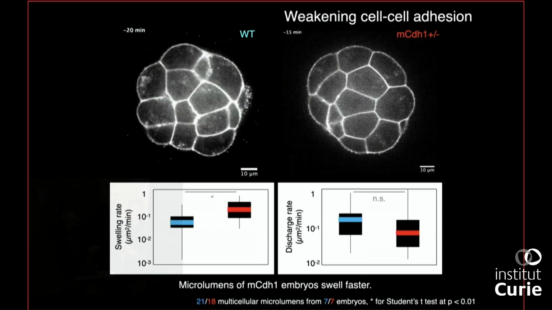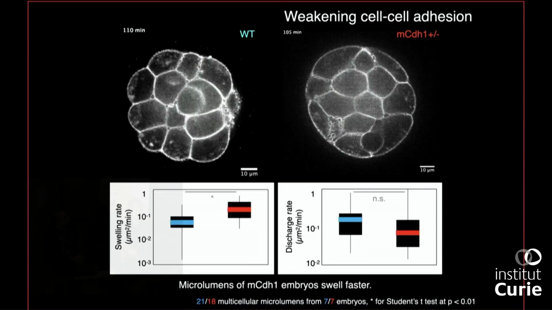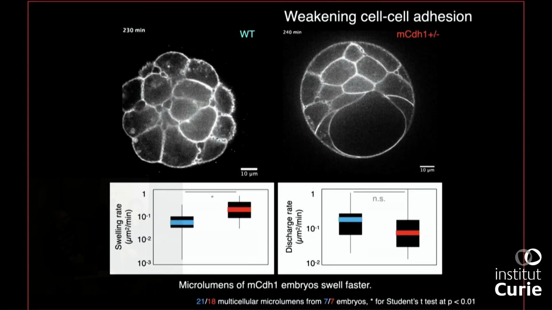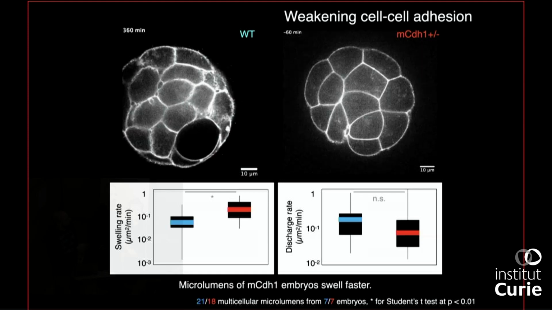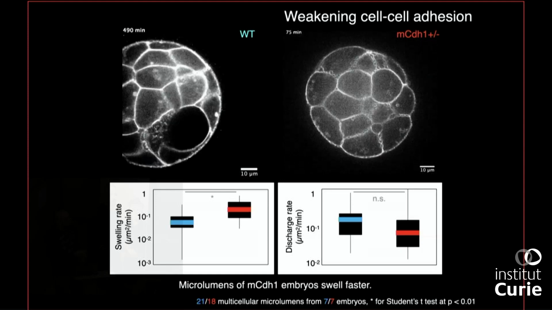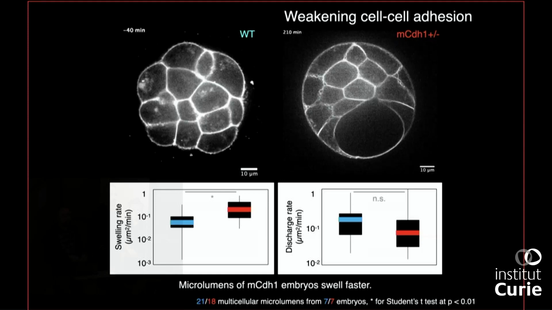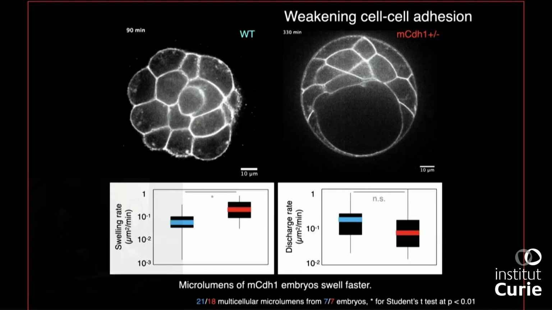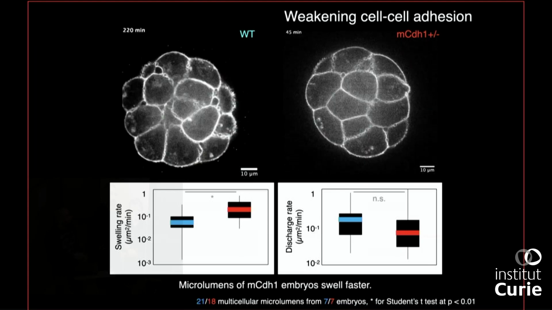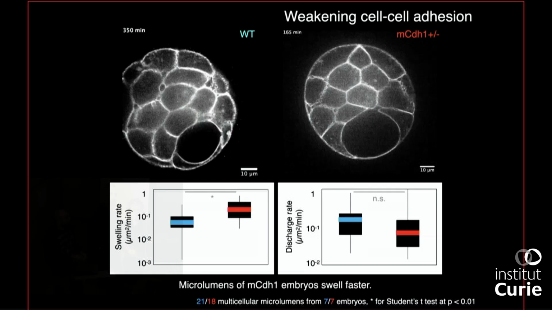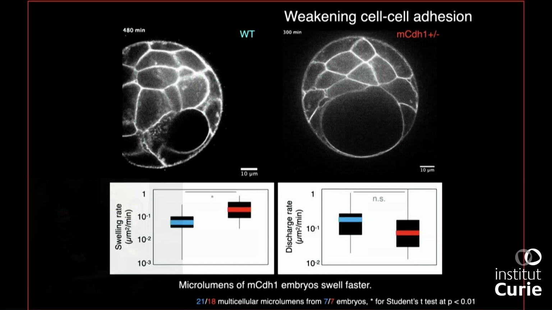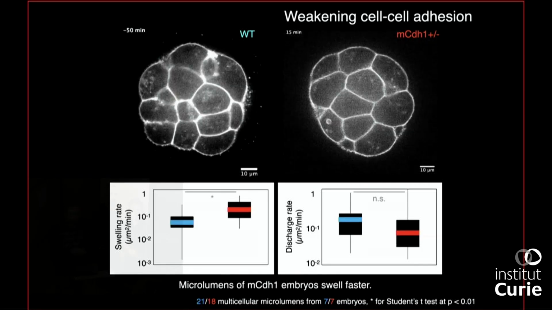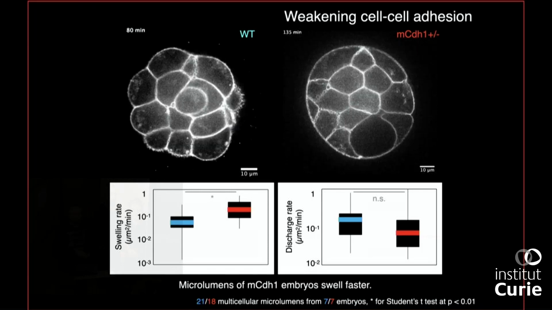Now what we see in those mutants is that they form the blastocoel faster, so the fluid accumulates faster. They still form microlumens, and those microlumens are increasing in size faster than in a wild-type embryo. And then the second phase, the coarsening, is also a bit faster, but not so much. Okay? So the idea is that now it's easier to break open the contact, and so the fluid rushes in faster.